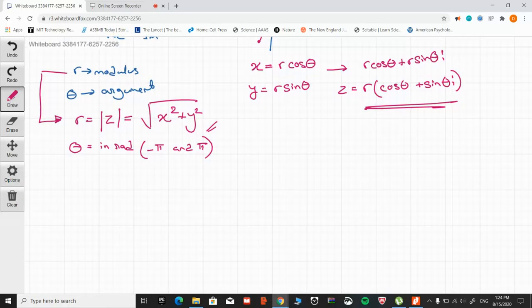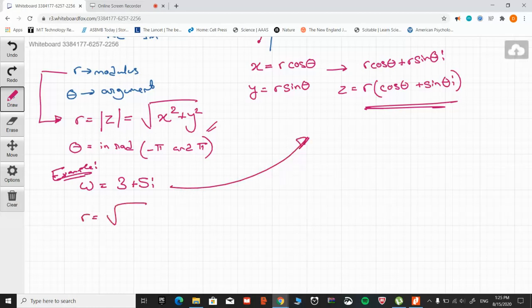well, mostly what you do need to know is how do you convert between the two forms. Now, if I give you, for example, w is equal to 3 plus 5i, and I ask you to convert this Cartesian form into the polar form, you need two pieces of information, one being the modulus, which is essentially root over 3 square plus 5 square, which is 9 plus 25, which is root 34, and also the argument.